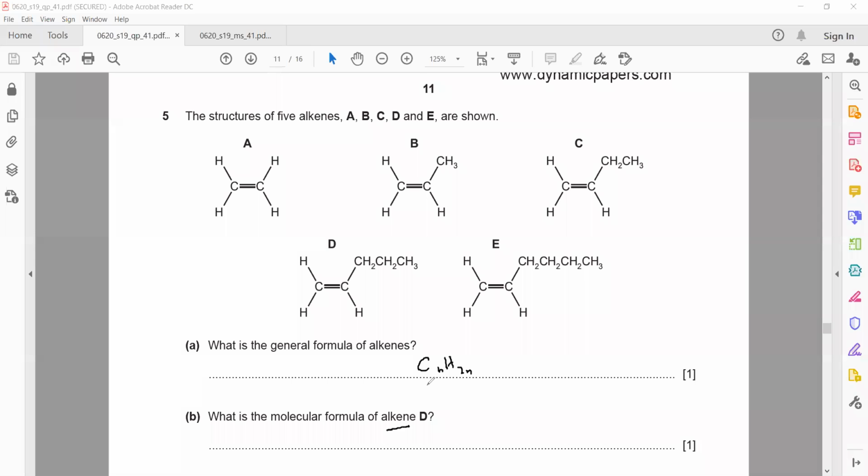Molecular formula means the actual number of atoms in a compound. About D they're asking: 1, 2, 3, 4, 5 carbons, not 6. So if 5 carbons are there, then 10 hydrogens will be there. So C5H10.